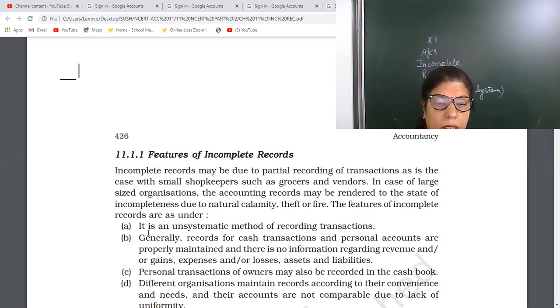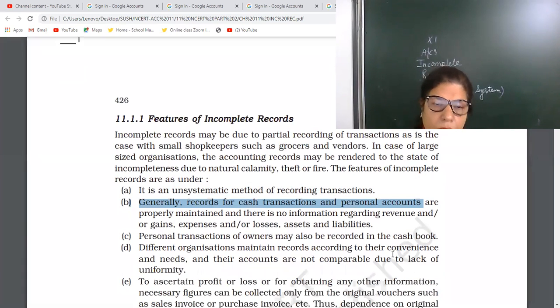Then second, generally they record cash transactions and maintain personal records or personal accounts only. It means they don't give the complete information related with accurate gains, accurate losses, exact assets, exact liabilities.